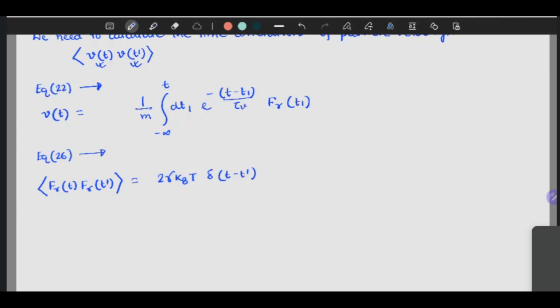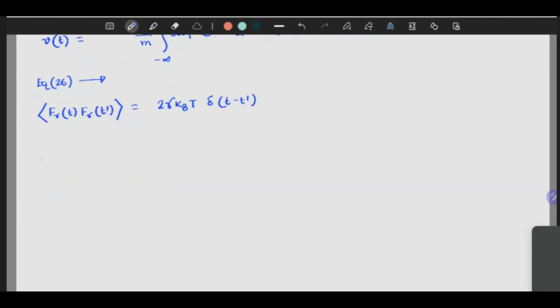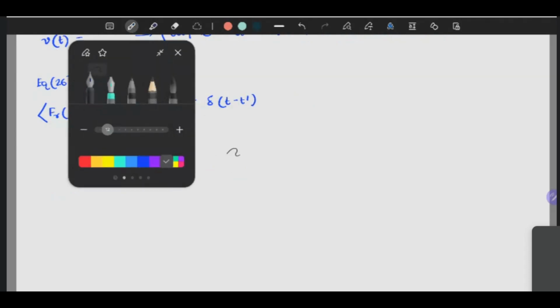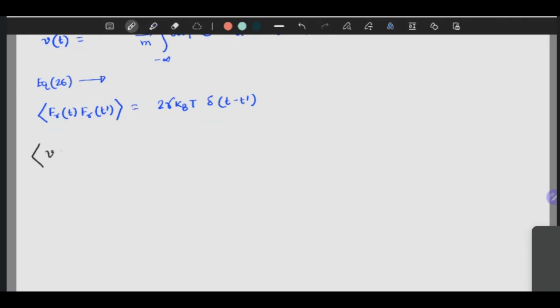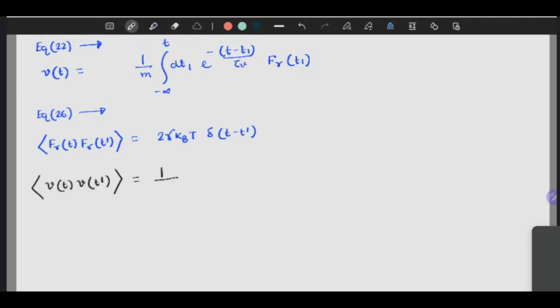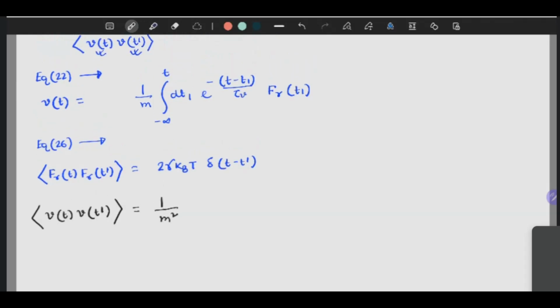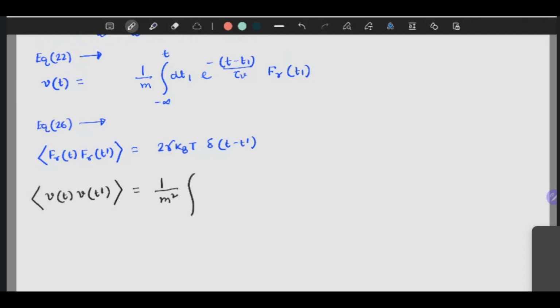Now if it is V(t), then what will be this term? So let's say V(t) and V(t'). First there will be 1 by m squared, and for the first V(t) we will write integration from minus infinity to t, with the variable dt1, and for the second, V(t'), we take the integration from minus infinity to t', which is dt2, right?